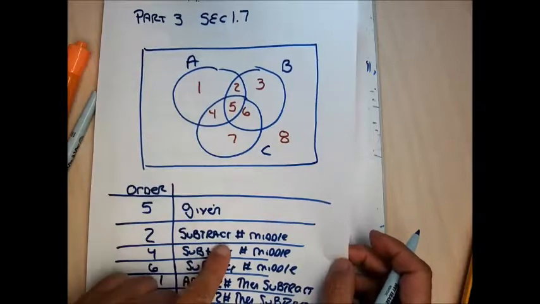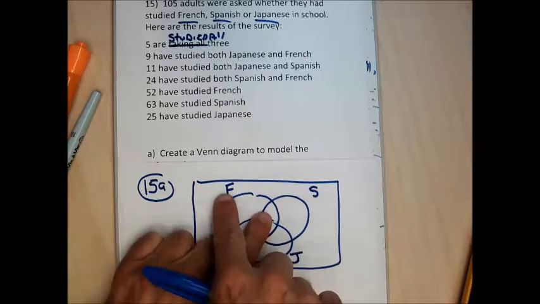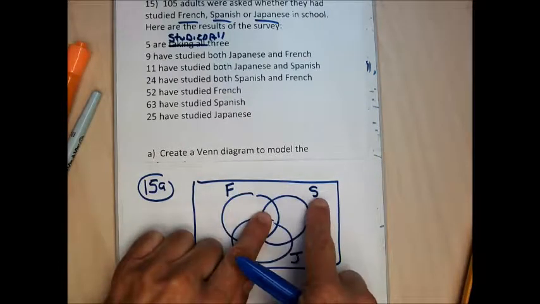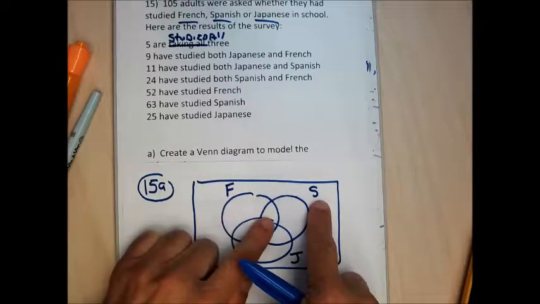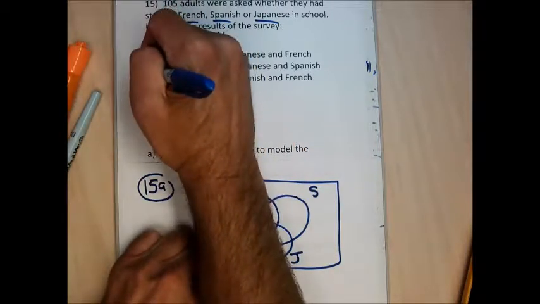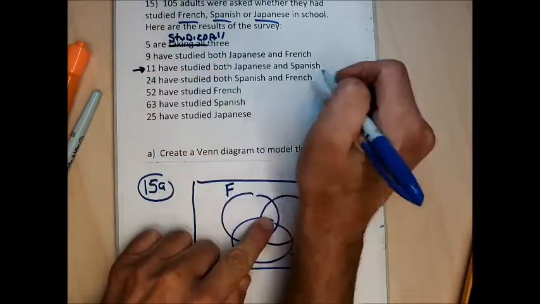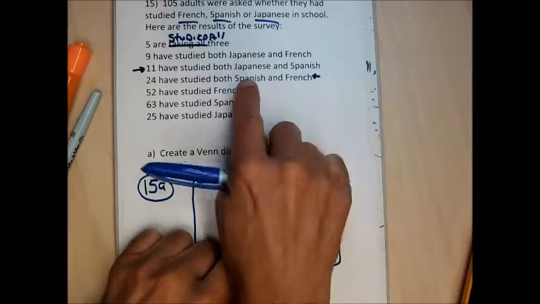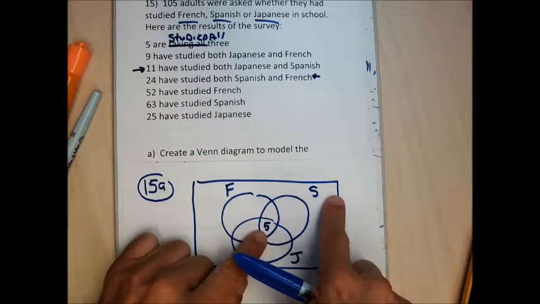And for region 2, I'm going to have to subtract the number in the middle. Region 2 represents students that have studied French and Spanish, because that region's part of the French and part of the Spanish circle. So immediately for region 2, I'm going to this number right here. There's the Spanish and French, and I'm going to subtract the number in the middle.